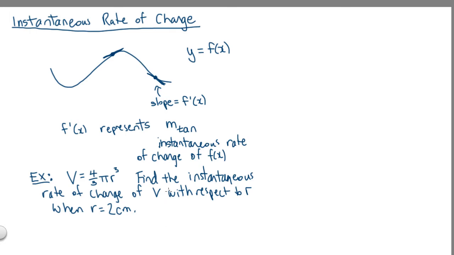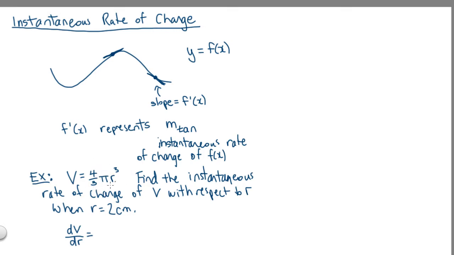To get started on this problem, we just need to recognize that instantaneous rate of change is just another way of referring to the derivative. So what we're really looking for is the derivative of our function V with respect to r. We write that as dV by dr. Now we can take our derivative.